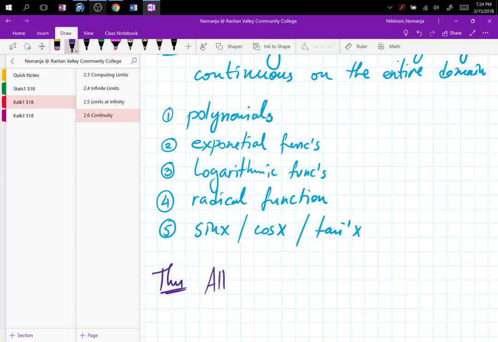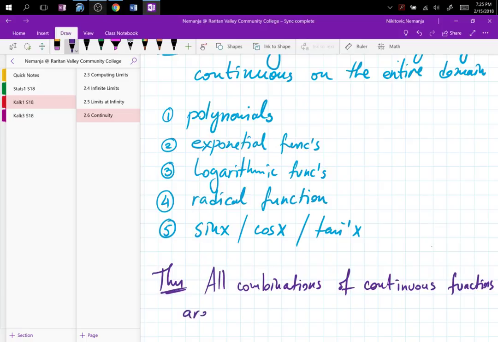So, all combinations of continuous functions are continuous, including function composition.